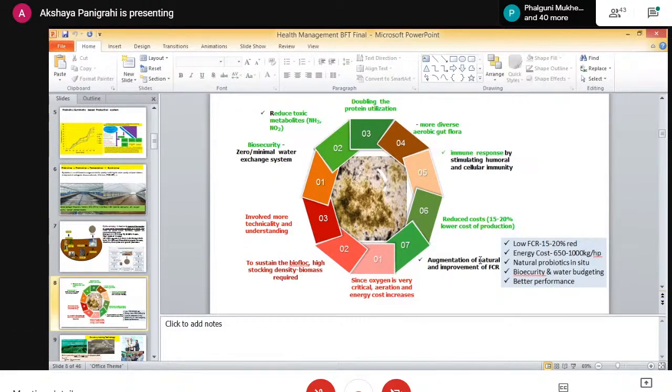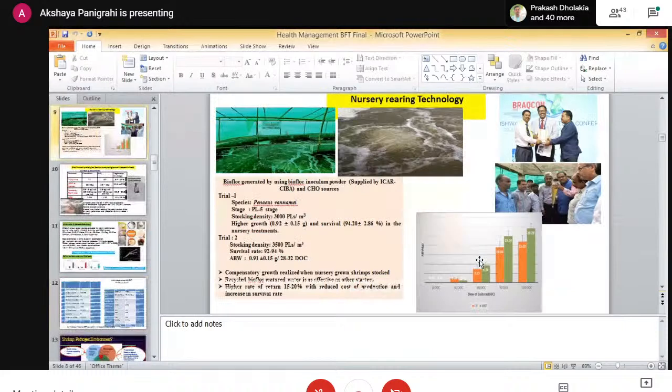But equally, it is a very technically demanding technology, with high aeration, because the bacterial biomass itself is almost 3 to 4 times your animal biomass, so you need to give more oxygen in this system.